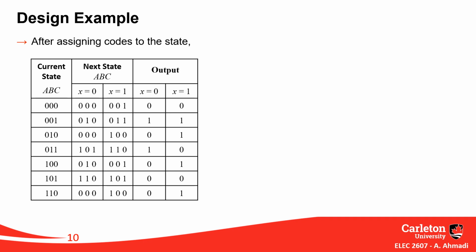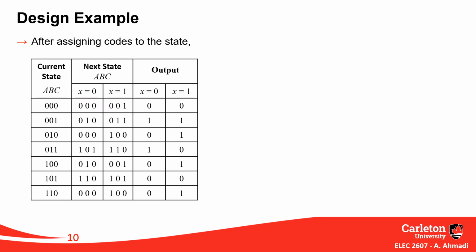What we have here is the transition between these states. S0 transits to S0 if you have input 0, transits to S1 if you have 1. S1 goes to S2 if you have 0 input, and S3 if you have input equal to 1.